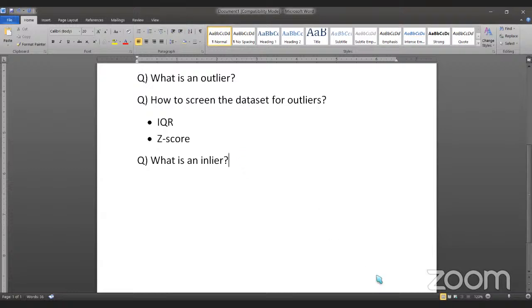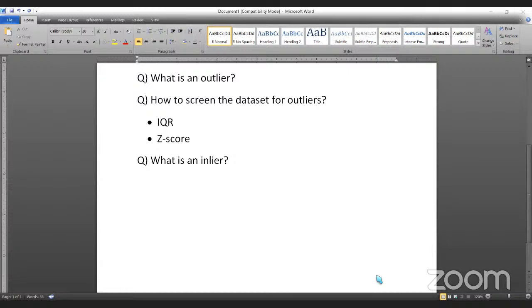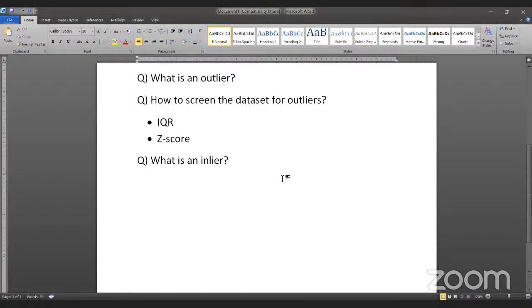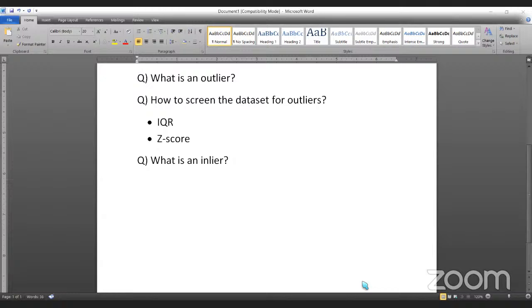Like an outlier, an inlier is also an error point, but it lies within the IQR.